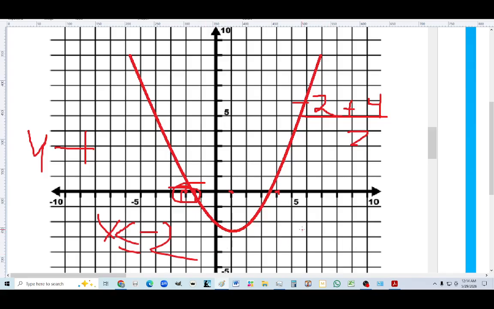And when is y positive? When x is bigger. Sorry, not equal to, because it's asking when it's positive. When x is smaller than -2, or when x is bigger than 4. When is it negative? When it's between -2 and 4. That's when y is negative. But that's not what this is asking.